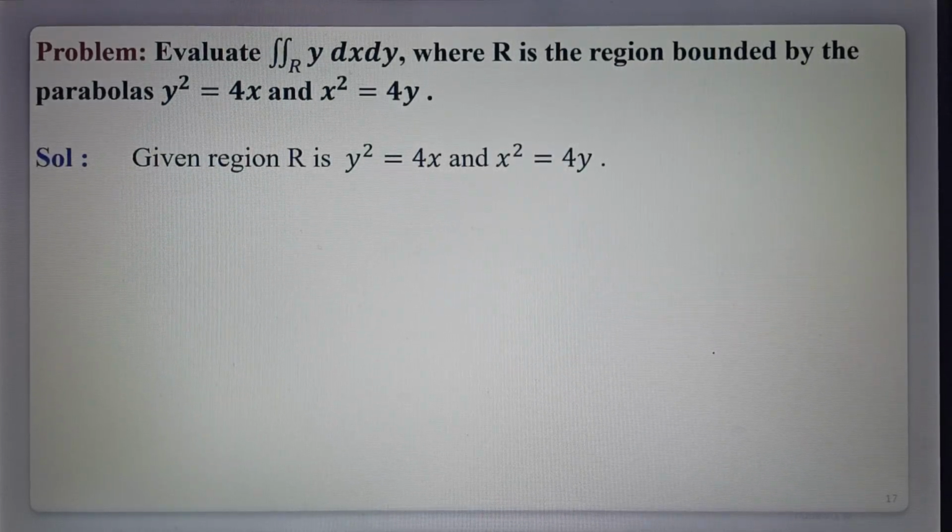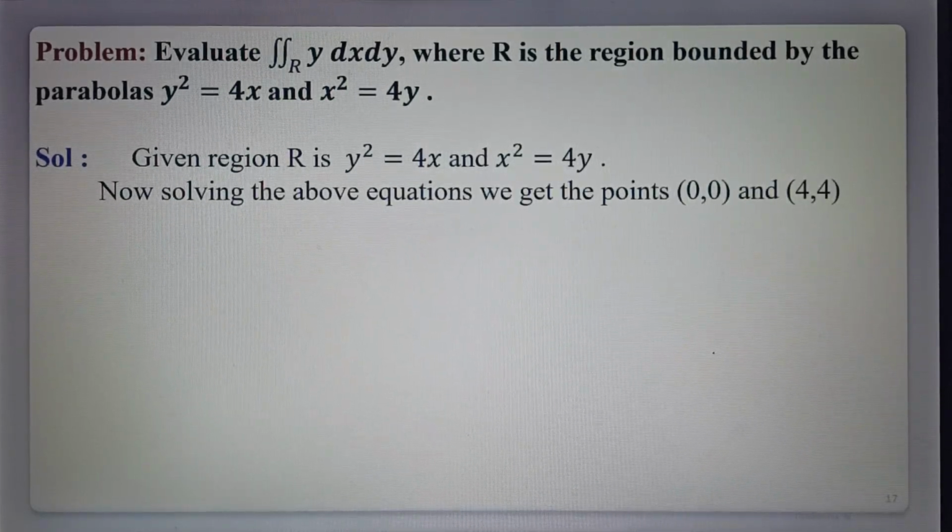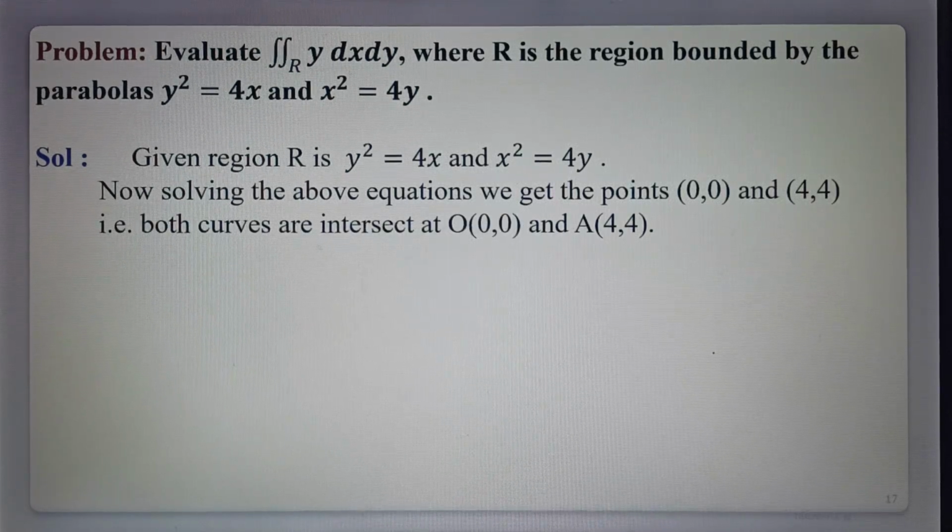So the given region R is y square is equal to 4x and x square is equal to 4y. So now solving the above equations, we get the points, and both curves are intersecting at the points 0, 0 and 4, 4. Both curves are intersecting at 0, 0, the origin, and at 4, 4.